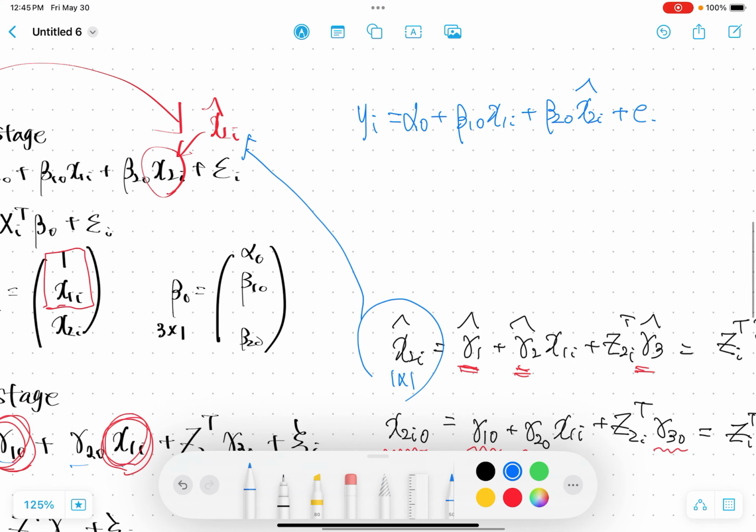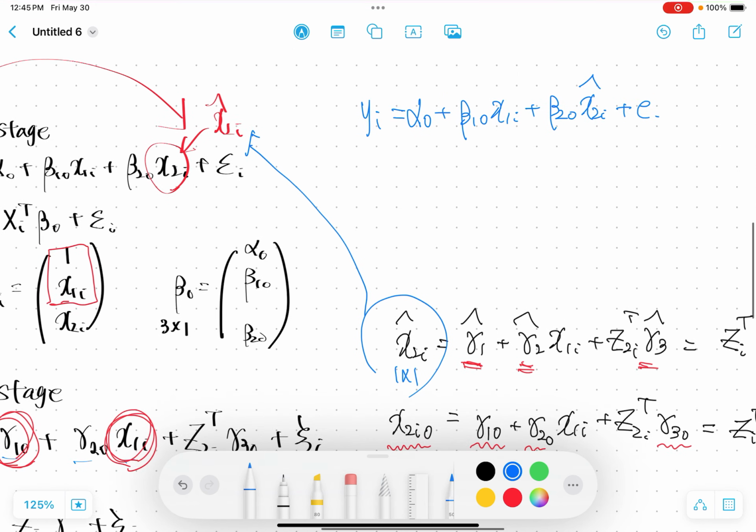Okay, so this replaces the true x2, and this is a new residual, right?